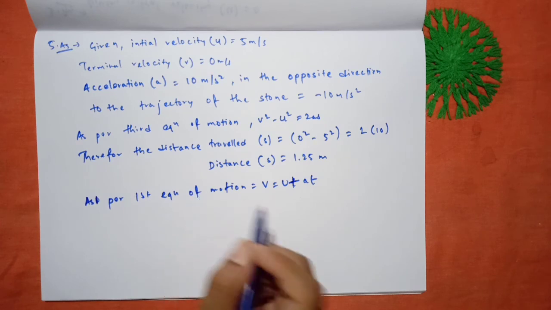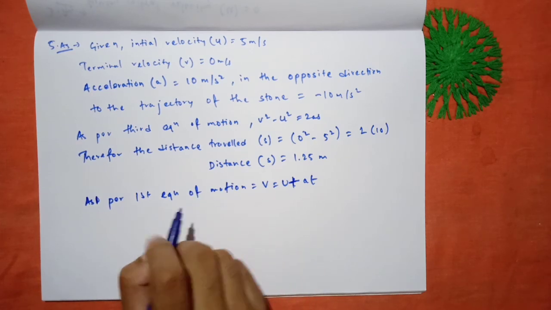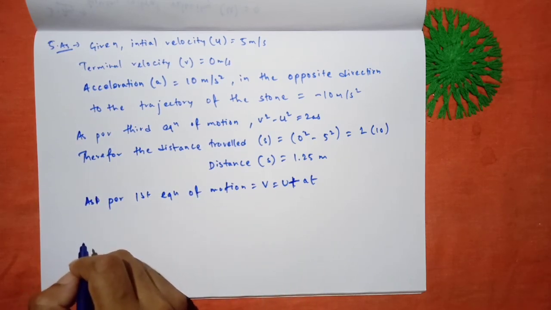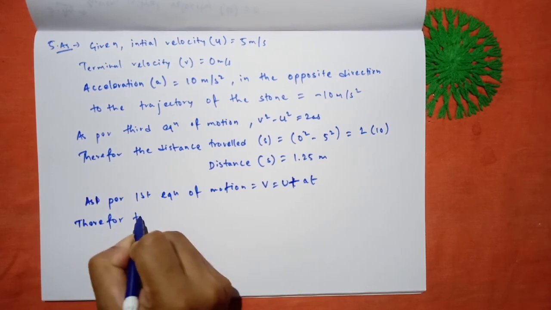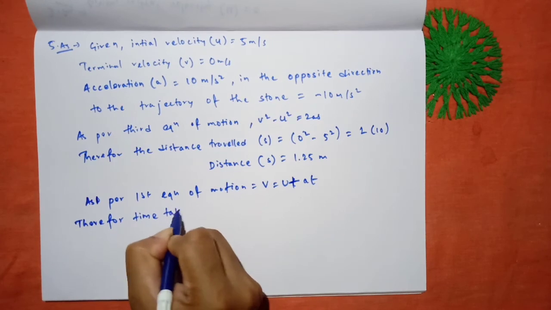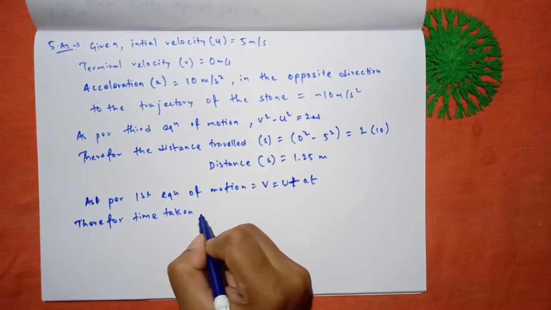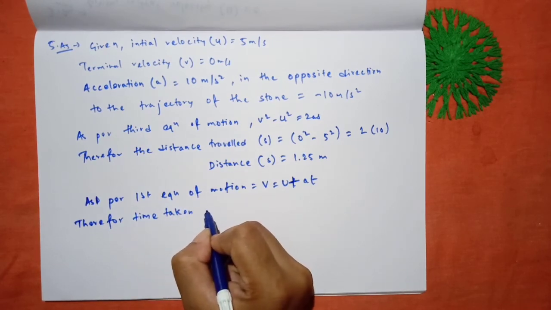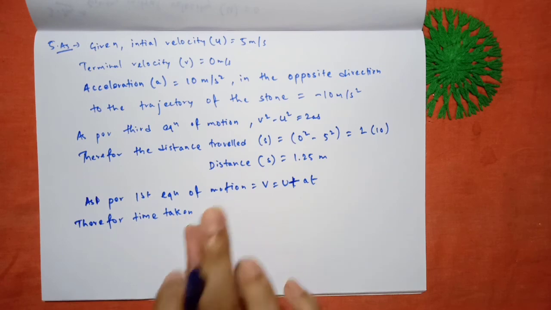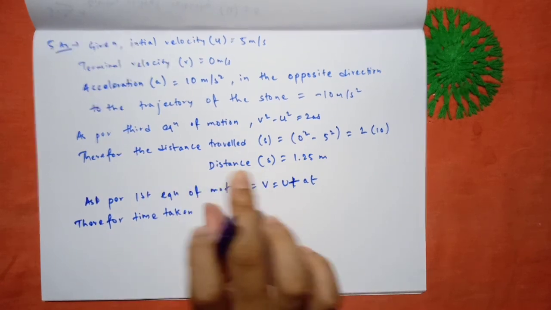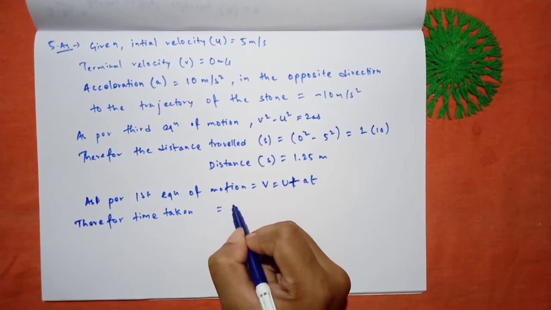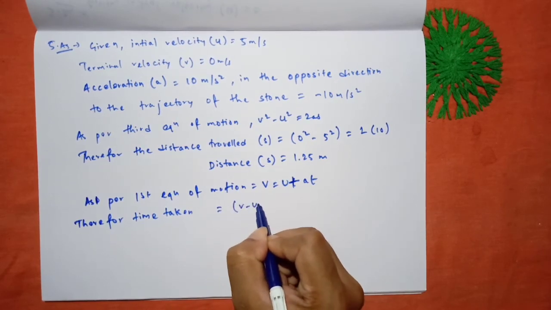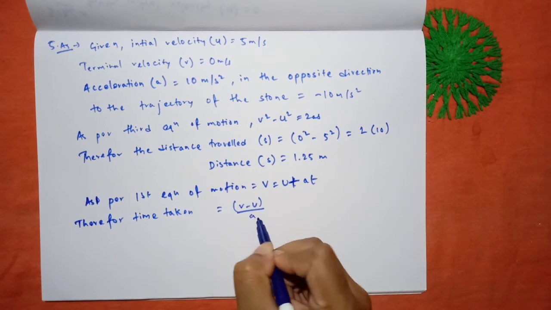So therefore time taken to reach the stone at a position of rest, which is the maximum position, will be v minus u by a.